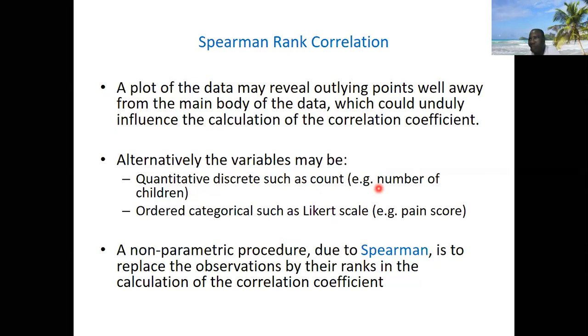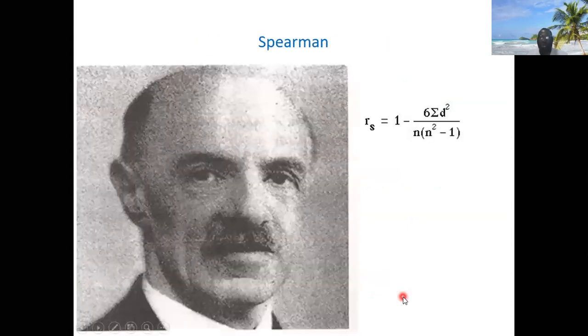Though it's a quantitative variable, it's not continuous, it doesn't have decimals. Then other categorical data such as Likert scale, like pain score, all those Likert scales. So Spearman is better. It is a non-parametric procedure. The idea of Spearman is to replace the observations by their ranks in the calculation. So let's look at how you compute it.